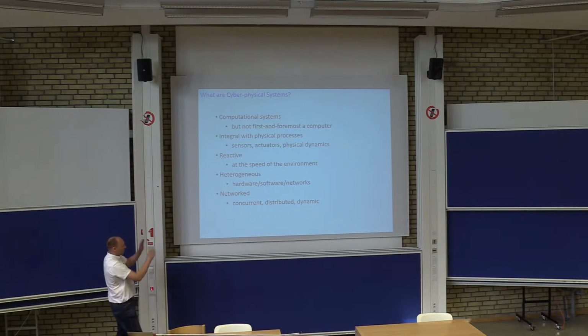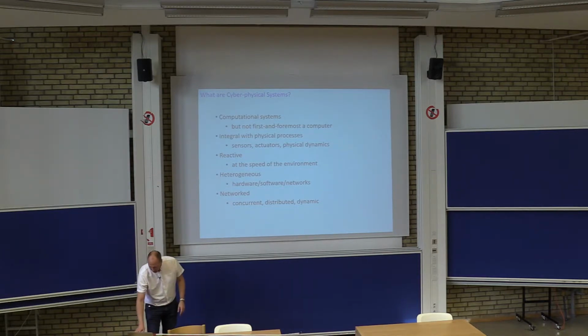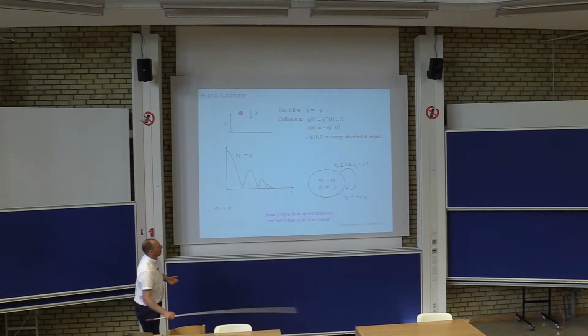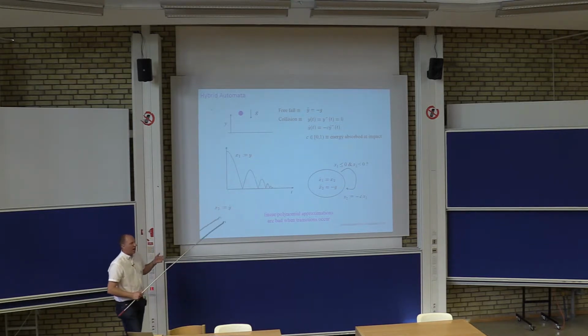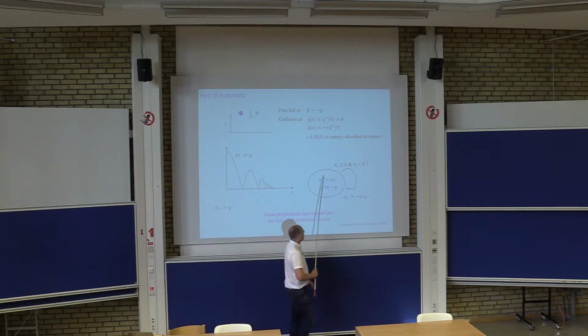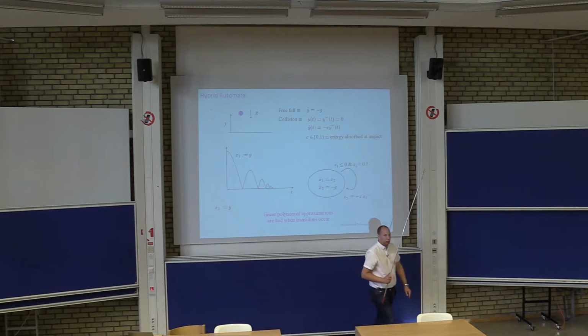So this is basically what shows up in practice, but what is really the theoretical background for analyzing these systems? And that is the hybrid automata. With hybrid automata, we can combine the different states, the different continuous dynamics, and the switching between the different states.